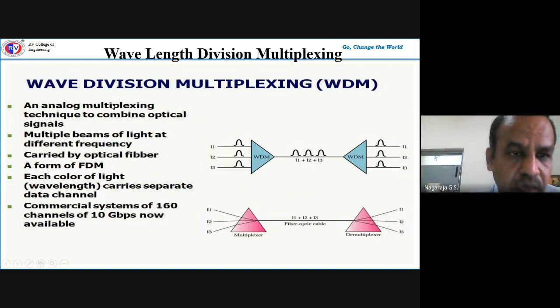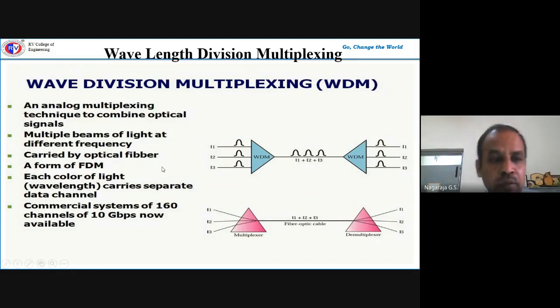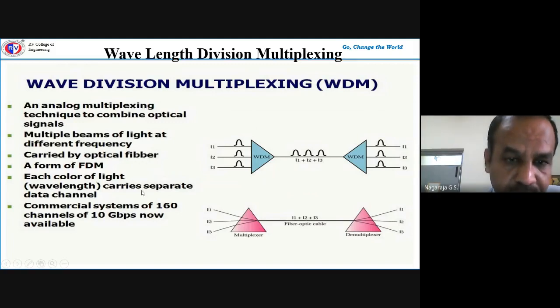See here, an analog multiplexing technique to combine optical signals. That's one point. Multiple beams of light at different frequencies are then carried by optical fiber, a channel again. It's a form of FDM, frequency division multiplexing again. Each color of light carries a separate data channel.